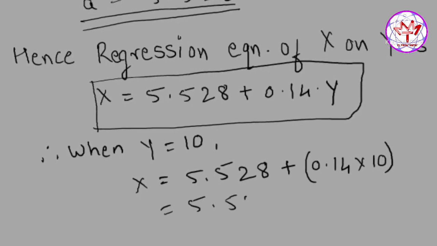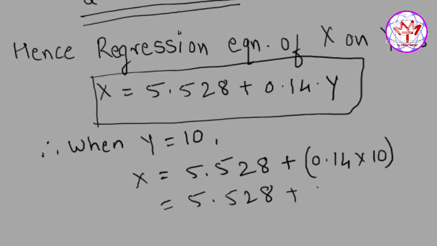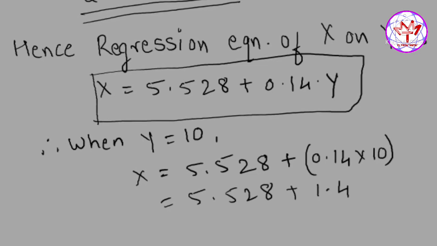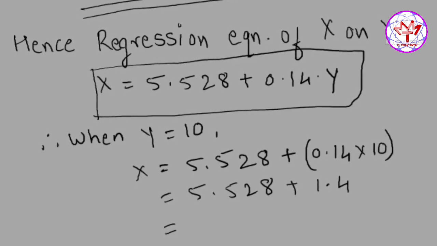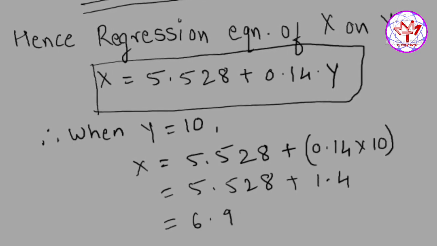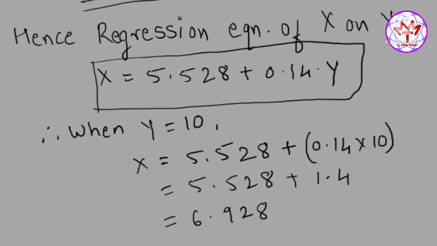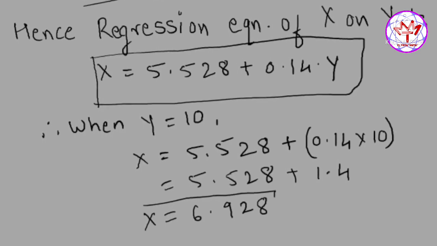So we get 5.528 plus 0.14 into 10 will be equal to 1.4. So that is equal to 6.928. That's the value of x.